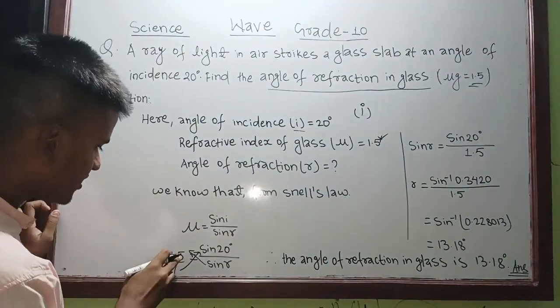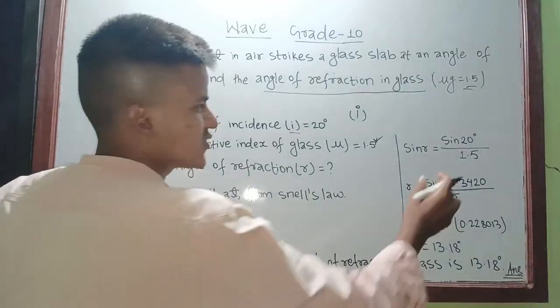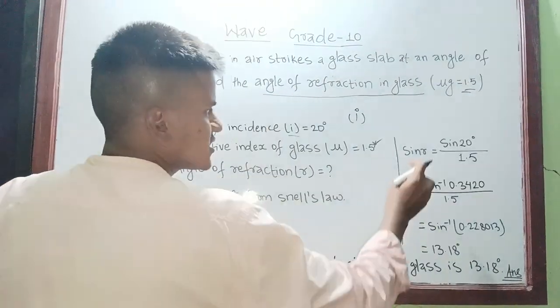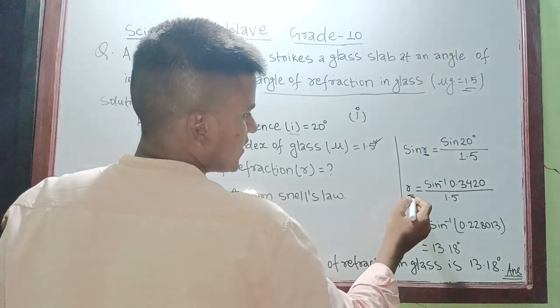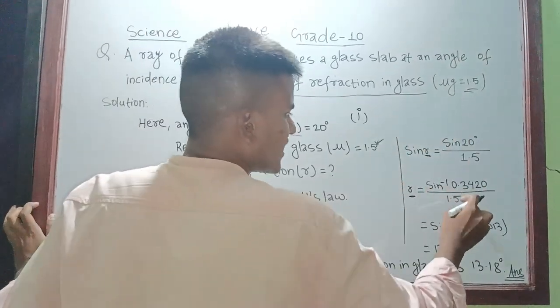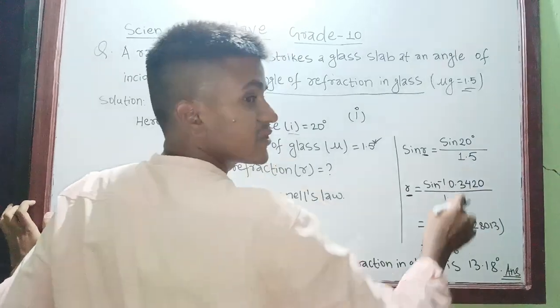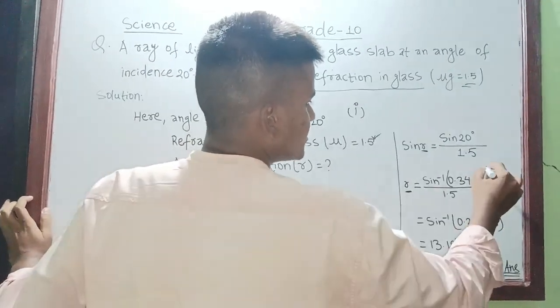This data will go back here; it was not 1, actually it was 1.5. Now if I keep r here, the sine will go to the other side and become sine inverse of this value.